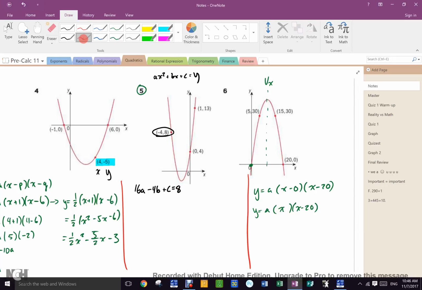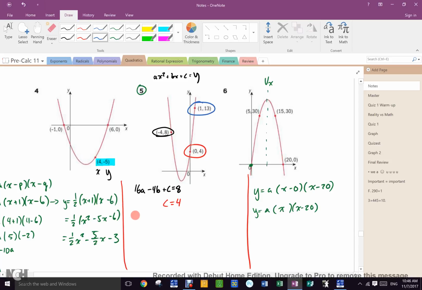Okay, so the red one, let's use that one. What's 0 squared? 0 plus 0 plus c equals what? 4. Cool? Okay. And then in blue, what do I have?